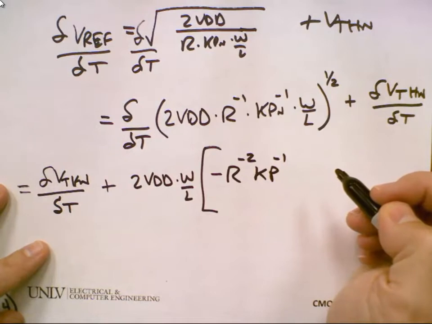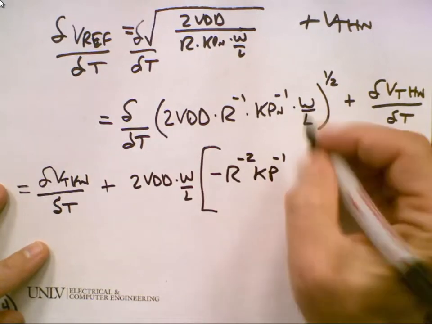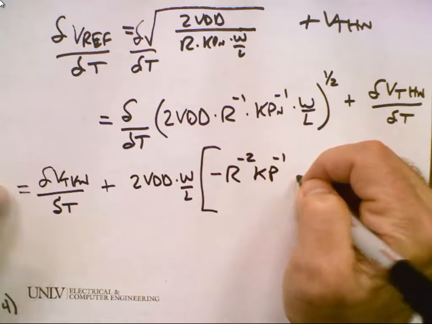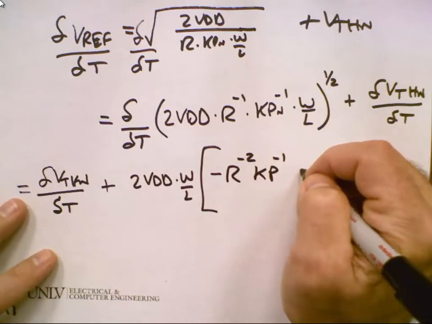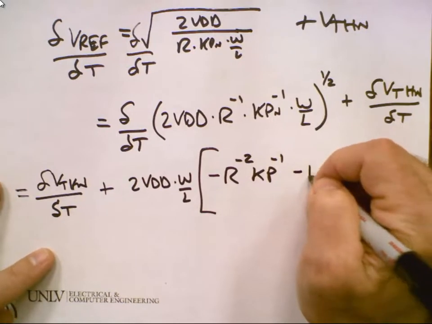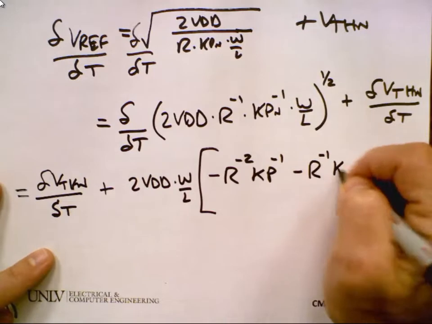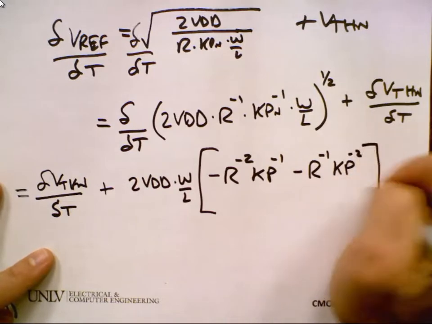Would everybody agree with that? Okay, and then that's plus, or minus, because it's going to be minus again, minus R to the minus 1 times Kp to the minus 2.